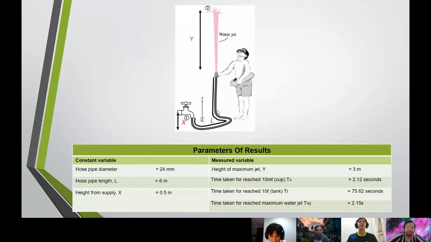I measured it as 0.5 meters. For the height of the water jet, the maximum jet from the end of the hose till the top of the water flow, I got about 3 meters.